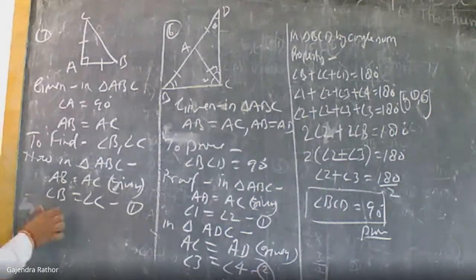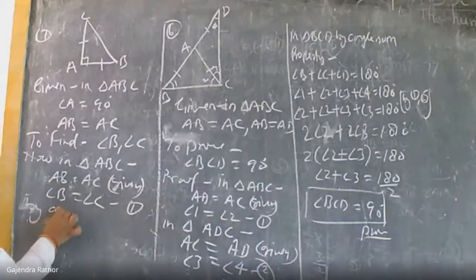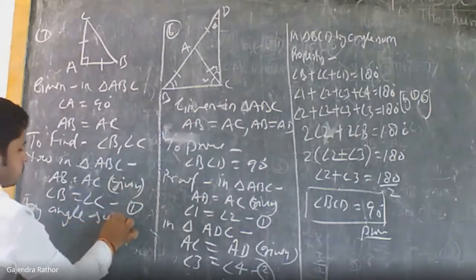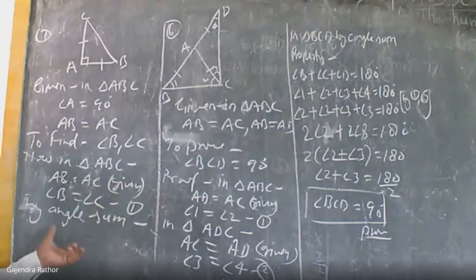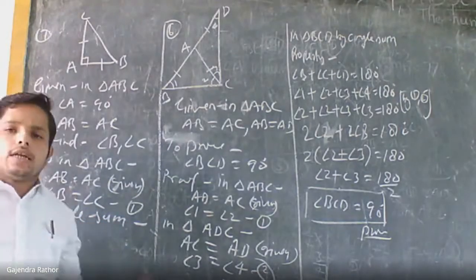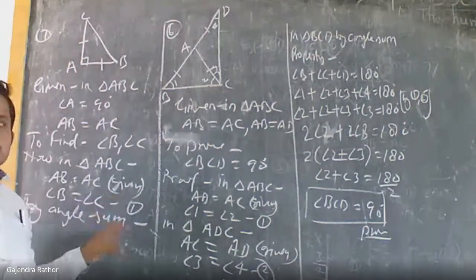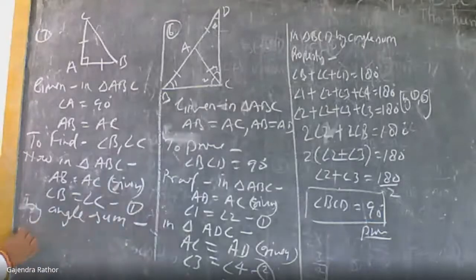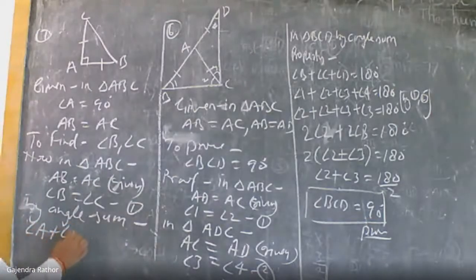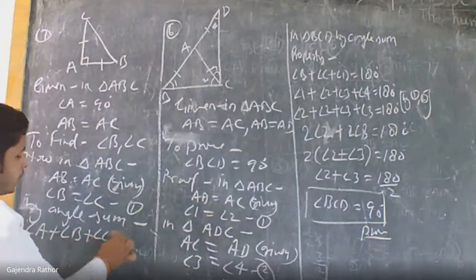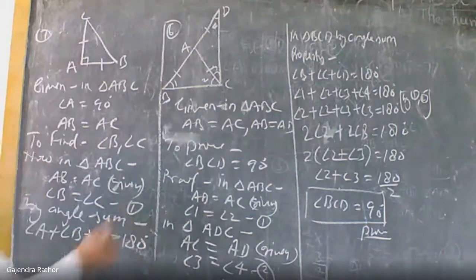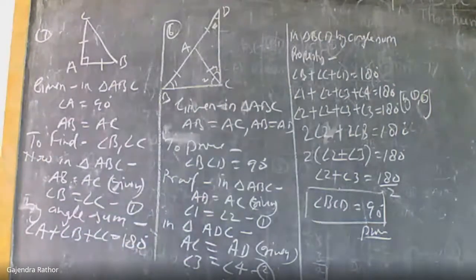Now, by angle sum property, we know that the sum of all the three angles in a triangle is 180 degrees. So add all these three angles in this triangle. You can write angle A plus angle B plus angle C is equal to 180 degrees.